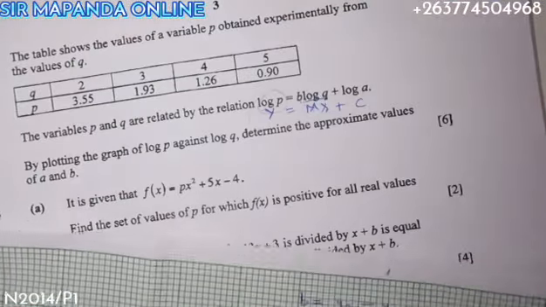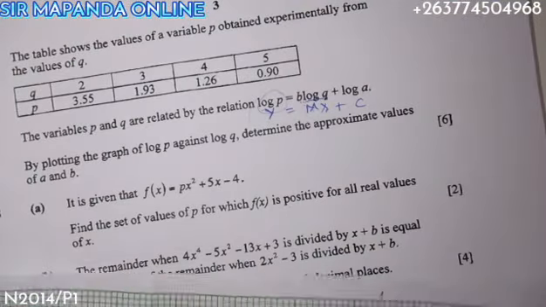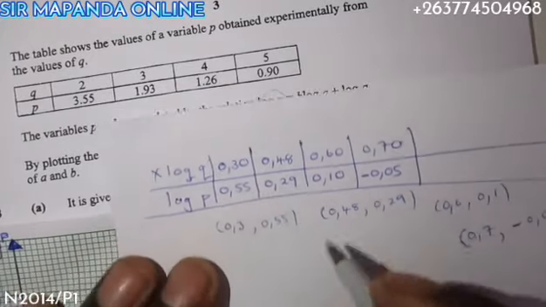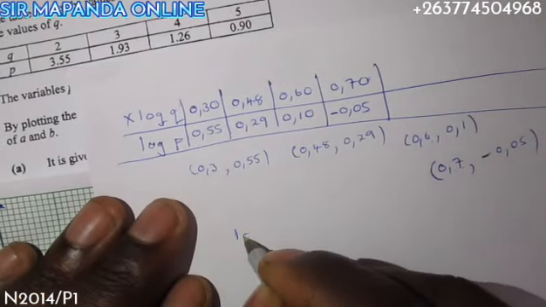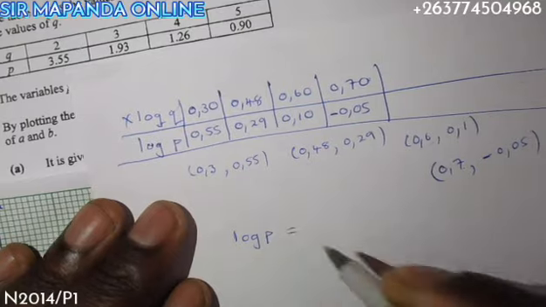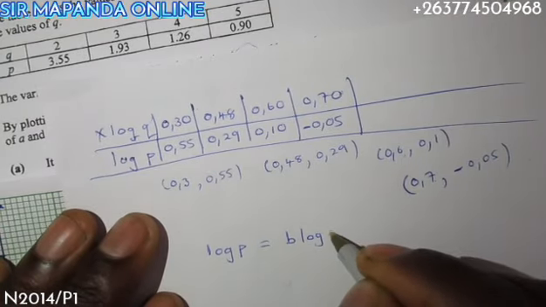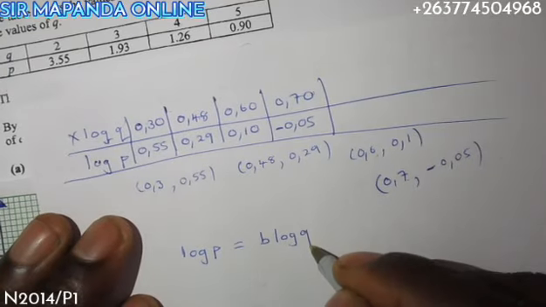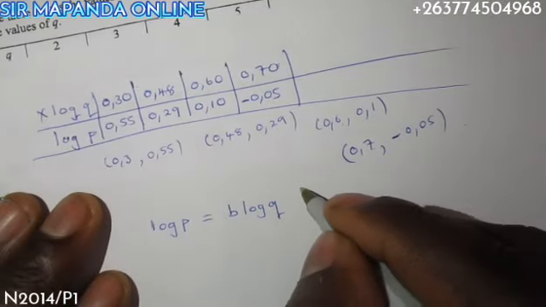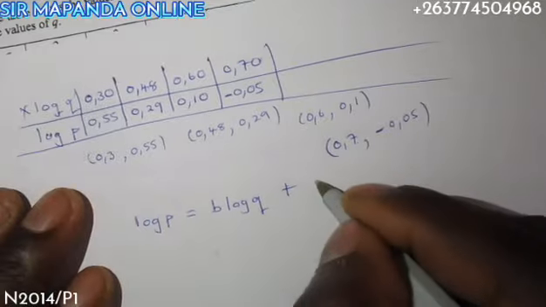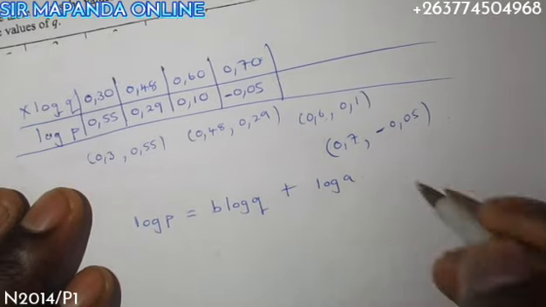So according to the substitution method, I'm going to start by writing the equation first. Our equation is log P is equals to B log Q, right, plus log A, something like this.